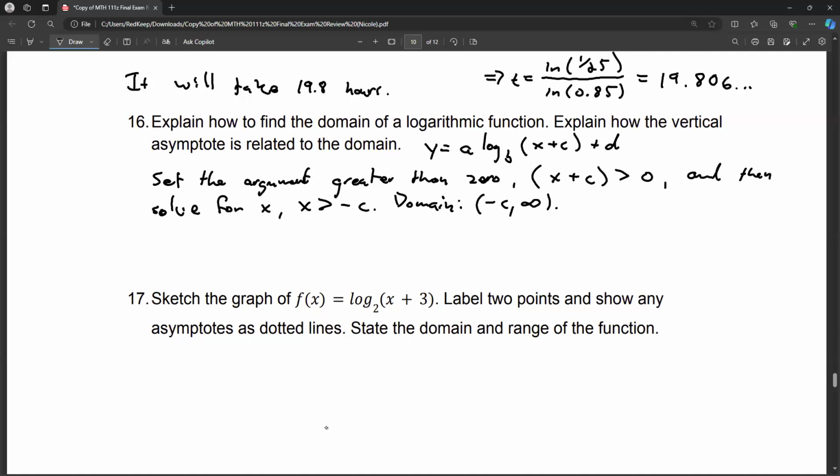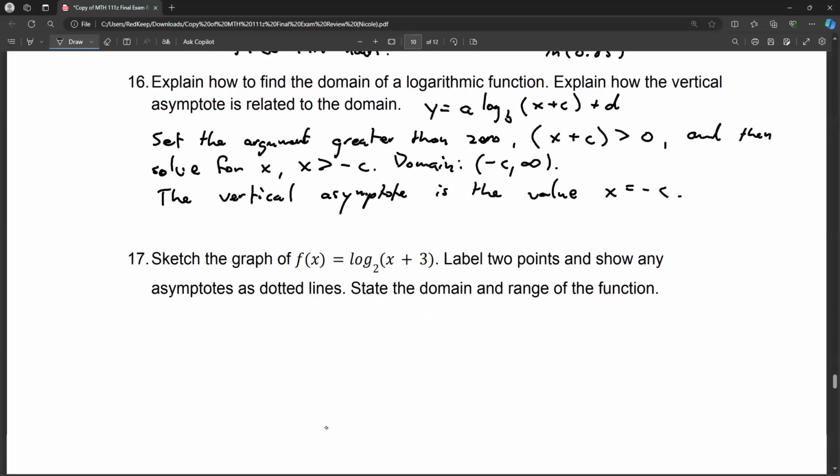So we'll say, okay, the vertical asymptote is related to the domain because it is the value x equaling negative c. You know, specifically the value that we said that x has to be greater than.